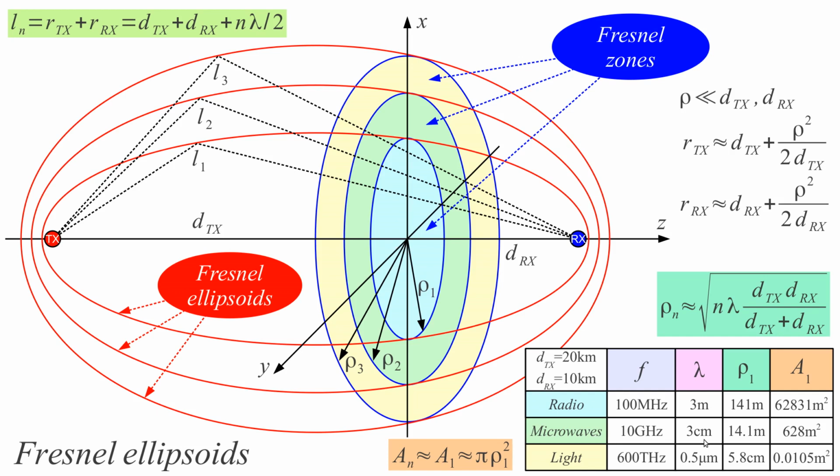But at microwaves, at 100 times higher frequencies, it's 10 times smaller, 14 meters. And at light, it's just 6 centimeters, so the radius is very small, a diameter of 12 centimeters for the first Fresnel zone. So the Fresnel zone shrinks as the wavelength becomes shorter.